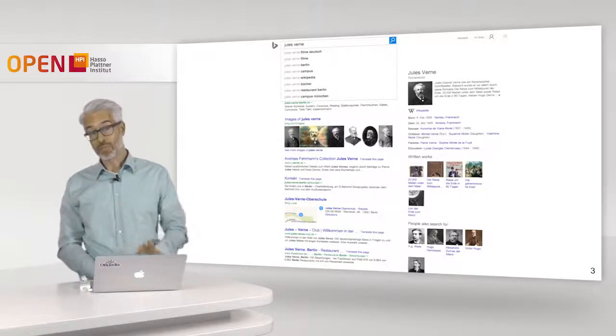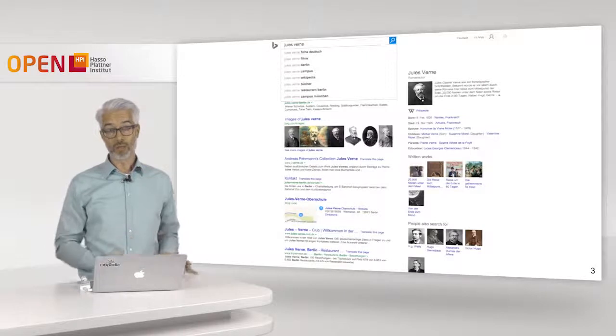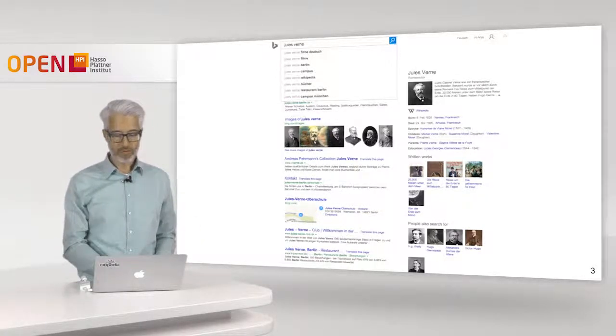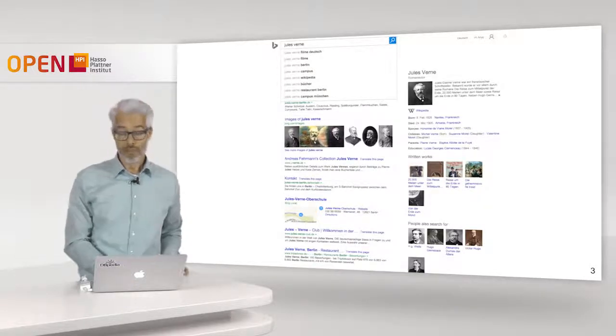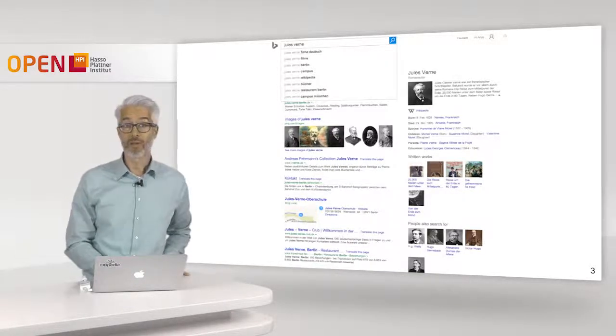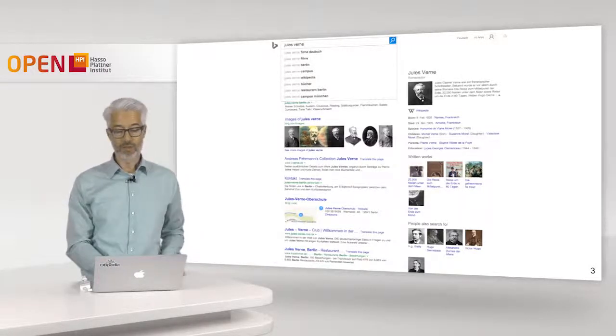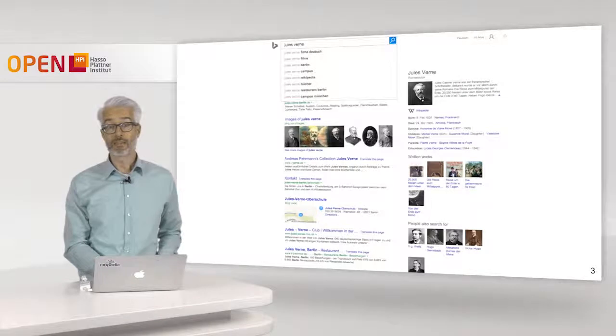So Bing also has to deal with this disambiguation problem and does not know in advance what you mean by your search term. And also consider that Bing displays something like a knowledge graph. It has detected an entity, and you are shown information about the most likely entity, which is Jules Verne.